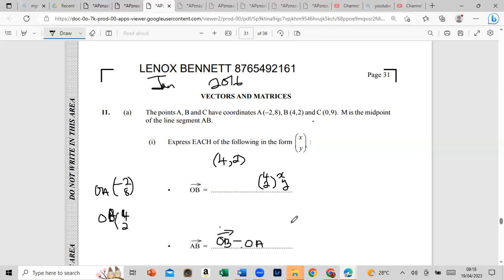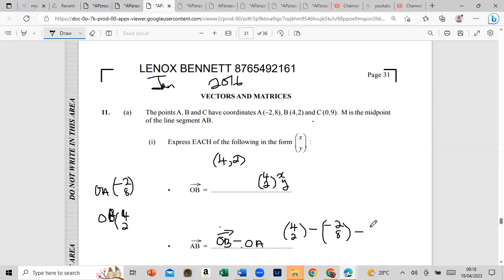So let me put things in perspective. 4, 2 minus OA. So let's simplify it now.